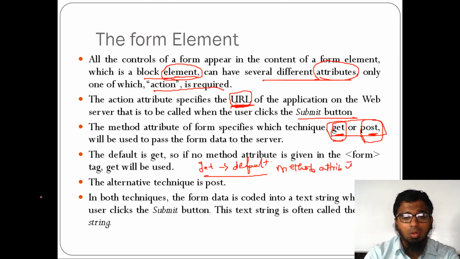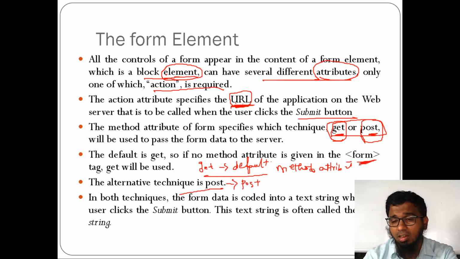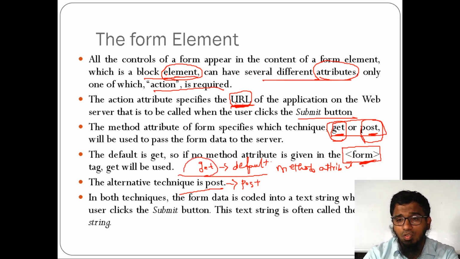The next point is that the alternative technique is post. If you want to use post, you need to mention it in the form tag. If you are not mentioning anything, then it is considered get. If you want to use post, you need to mention it here.